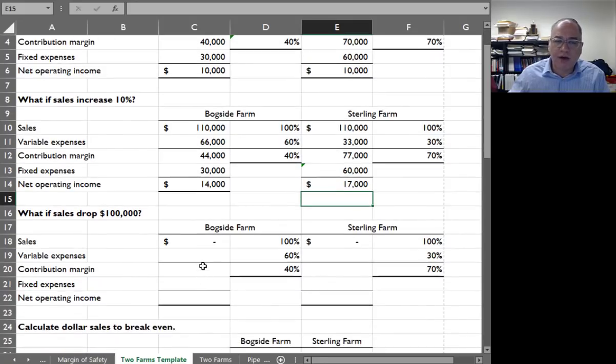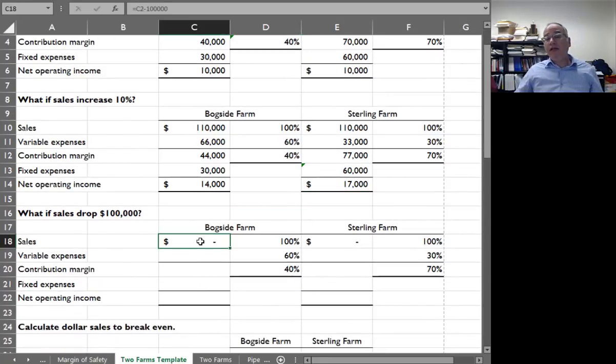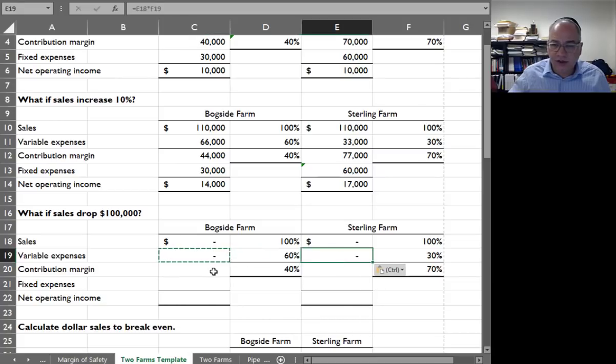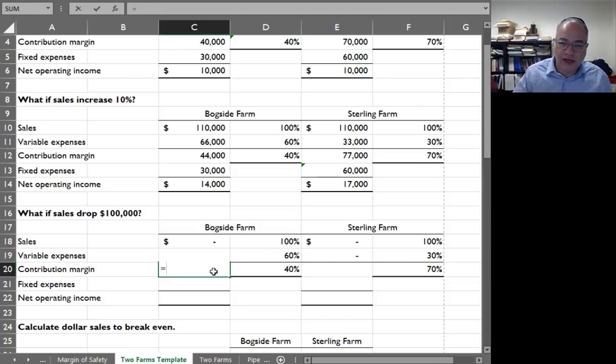Now, what if sales drop $100,000? That would mean you have zero sales. And it would mean you have zero variable expenses. So this is the extreme example. There are no sales, and if you have no sales, that means you have no contribution margin, 0. Well, Bogside is still going to have these fixed expenses of 30,000.